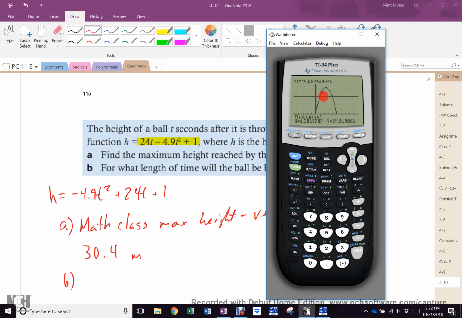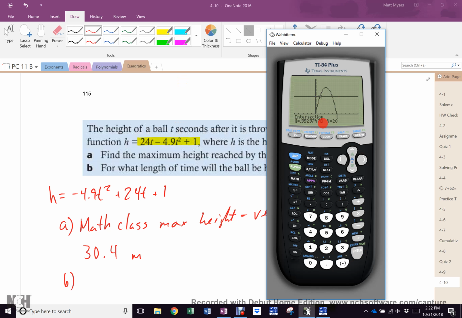So I'm on the first curve, yes? Enter. Am I on the second curve now? Am I on the second curve that just happens to be a straight line? So what do? Enter. Am I ready for it to guess? Y is 20.